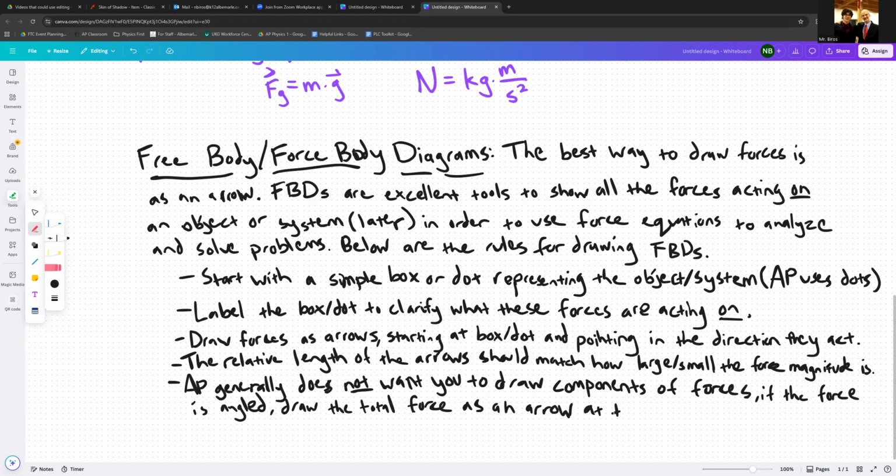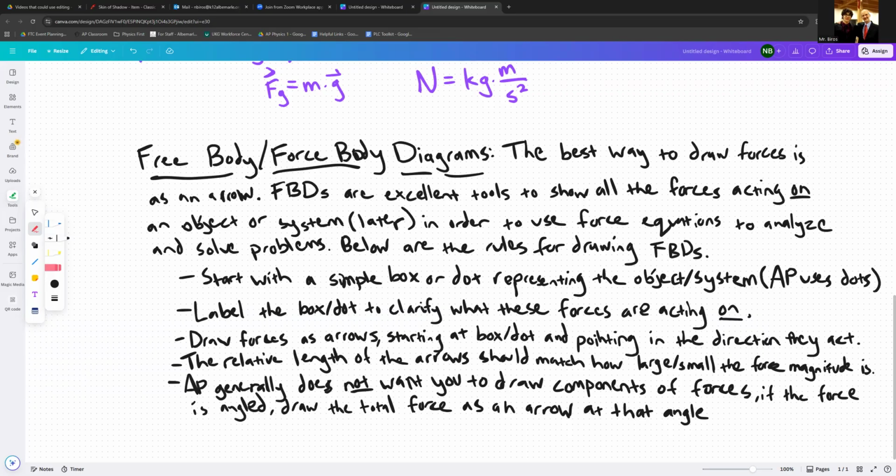If it's a 30-degree angle on your free body diagram, do not split that angled force of 30 degrees into how much of it is x, how much of it is y. Do not draw those x and y components on the free body diagram.